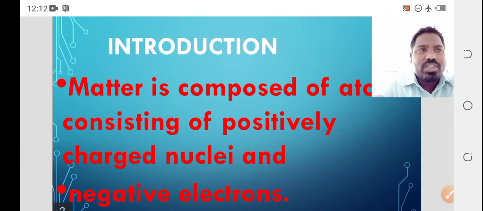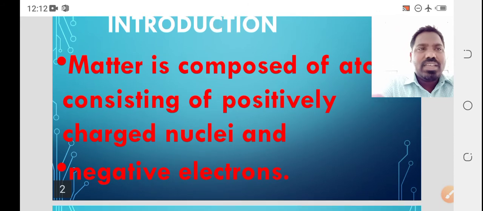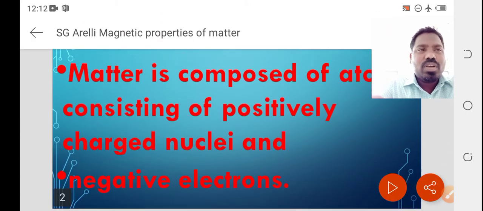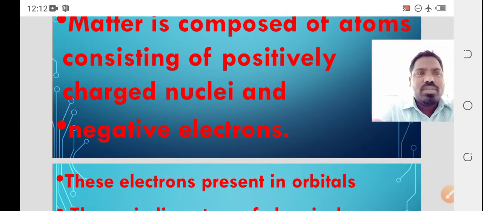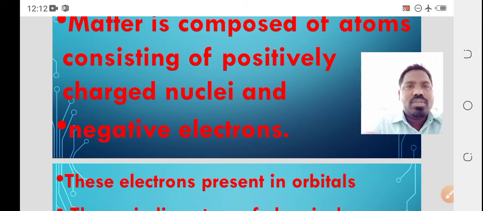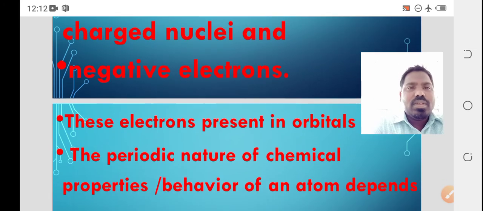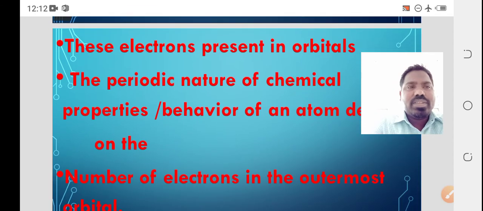What is the definition of matter? Matter is composed of atoms which consist of positively charged nuclei and negatively charged electrons. These electrons are present in orbitals.